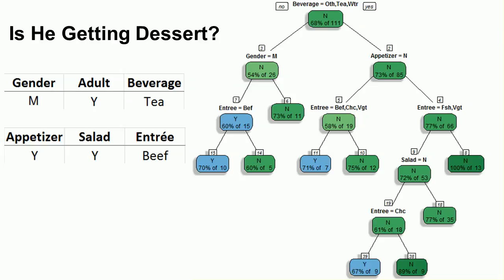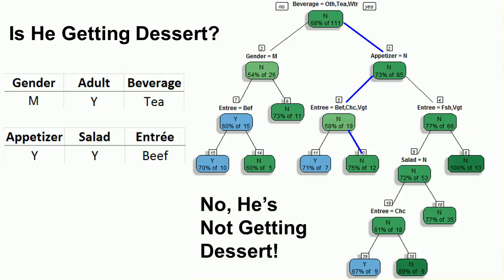He's a male adult, and his beverage is tea, so we start with the beverage being equal to tea. And that takes us to whether or not he got an appetizer. And he did get an appetizer. So then whether or not he got beef, and he did get beef. And so we predict that no, he's not going to get dessert.